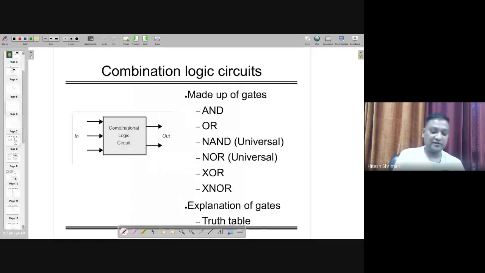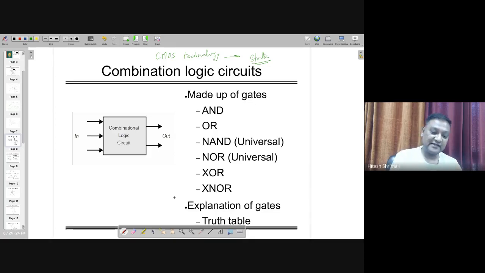So let's start with the very important thing: how to make different combinational logic gates using CMOS technology. By the way, we have only one technology, CMOS, and I'm interested only in static logic gates. We are not talking about the dynamic ones, we are talking about the static.